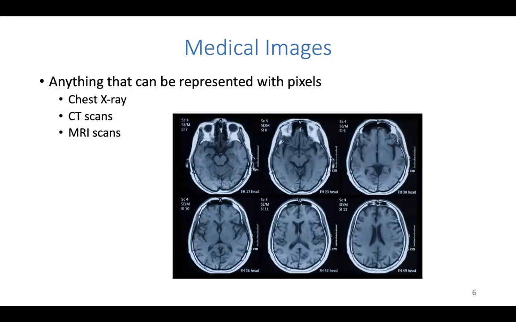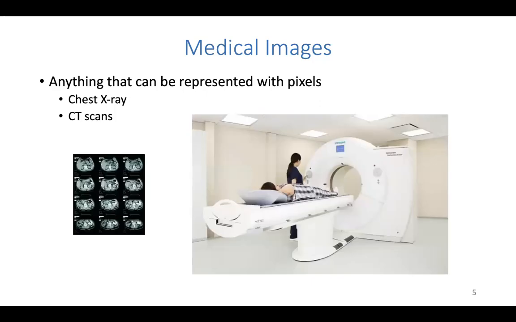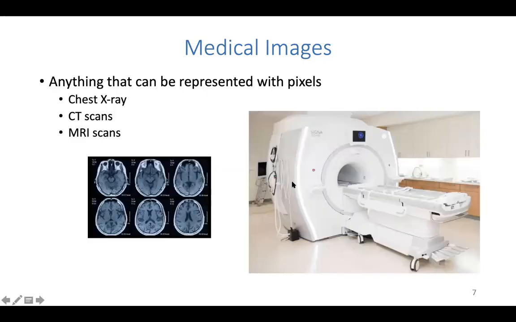In order to take MRI scans, you also need to go through this kind of donut-shaped ring, but this machine is way bigger than the CT machine. CT machines are a bit lightweight, the ring is smaller and slimmer, compared to the thick machine we're seeing right now.